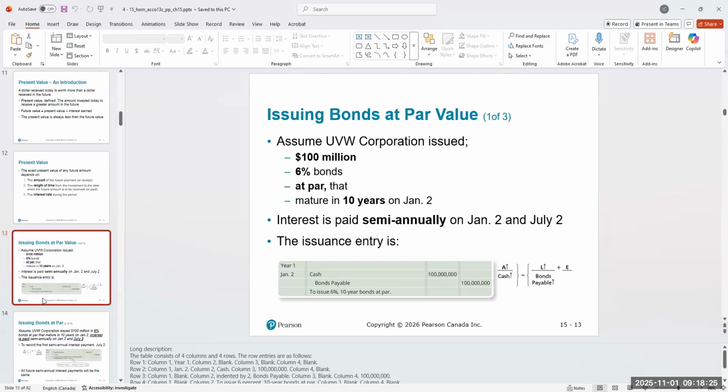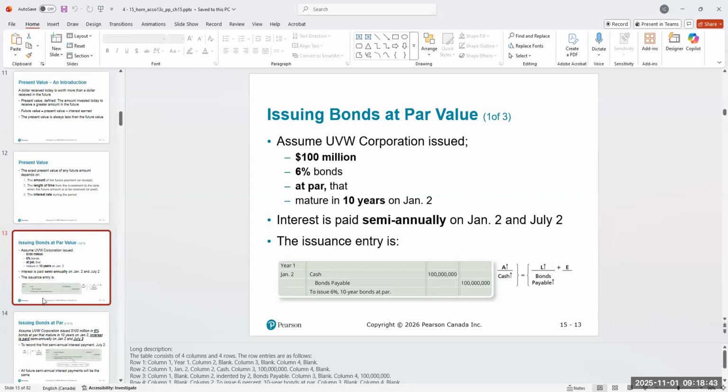That means whatever the stated value of the bond is, that's how much cash we get. And those bonds will mature in 10 years. In the meantime, we're going to pay the 6% interest semi-annually. So that means twice a year we have to pay the interest.